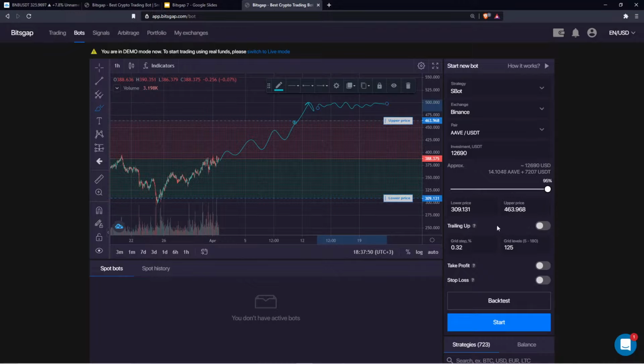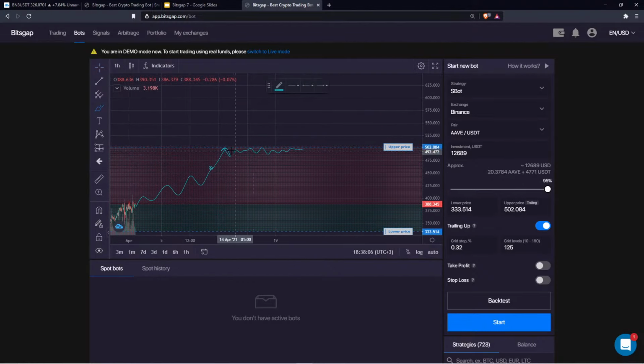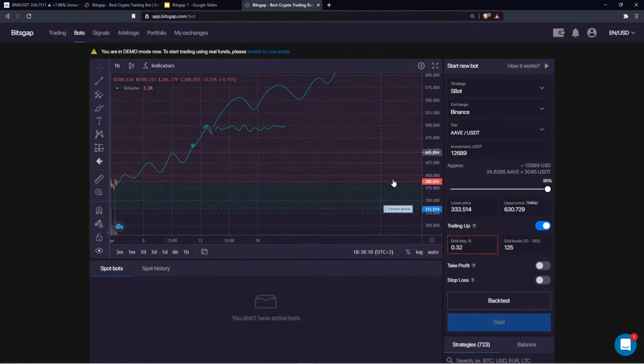But if you had enabled the trailing up as you launched the bot, then the bot will automatically follow the market rally. So the trading range will be somewhere in this area. And if the price goes even higher, then the trading range will follow it automatically.